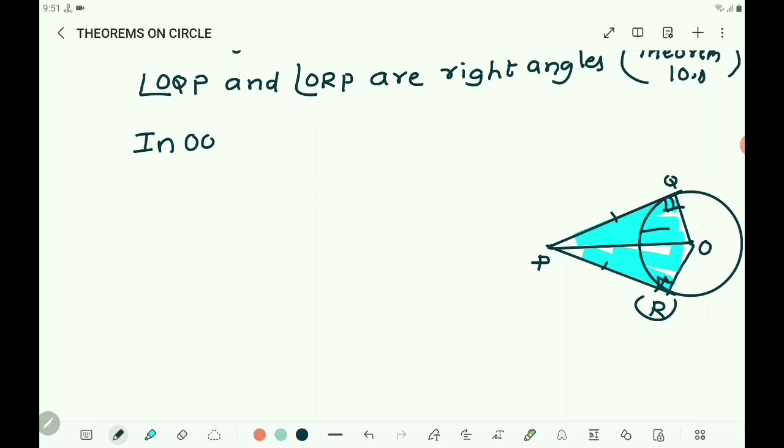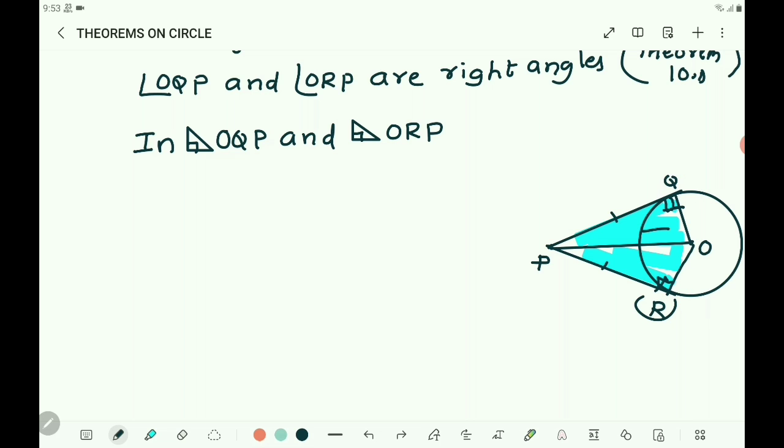Right? In triangle OQP, write in the right angle triangle only, because they are right angle triangles. In the right angle triangle OQP and right angle triangle ORP, and radii OQ equals radii OR.